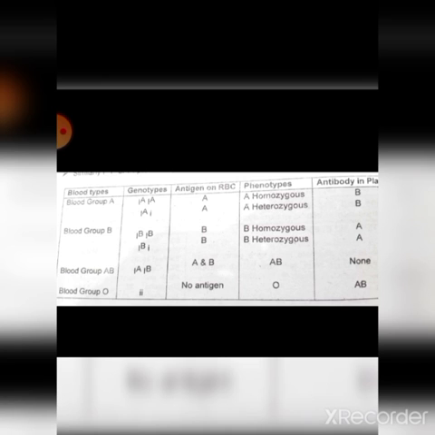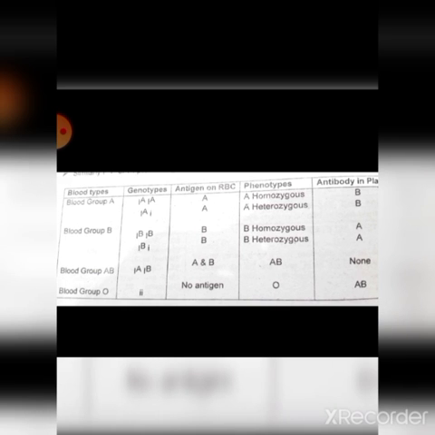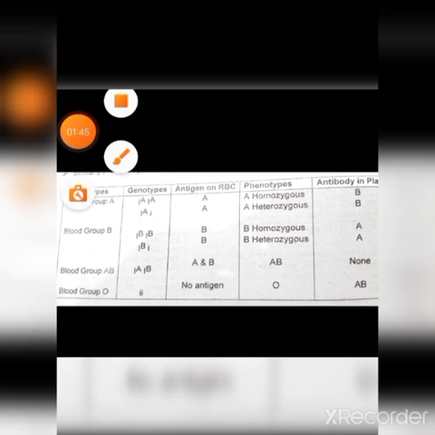Only in homozygous condition ii is present. No antigen on the RBC, and phenotype will be O, and antibody in the plasma will be anti-A and anti-B. This is the explanation of blood groups and their genotypes, antigens, phenotypes, and antibodies in the plasma.